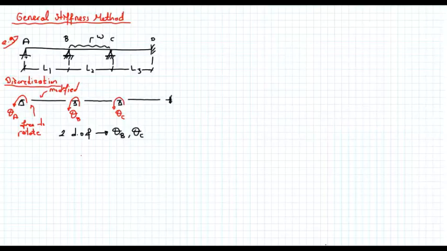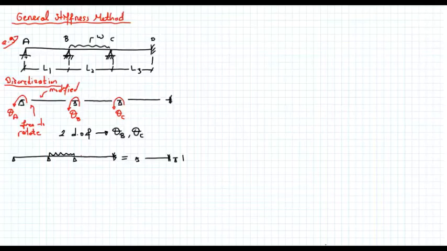Now let's continue the way we do in the moment distribution method. So let me draw the structure one more time. This is our structure. We have a uniformly distributed load at the middle. So we say that this structure is equal to the case where all nodes are clamped, as we did in moment distribution.